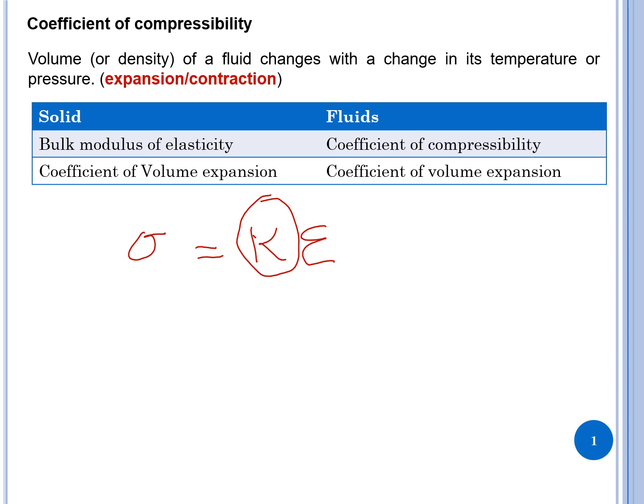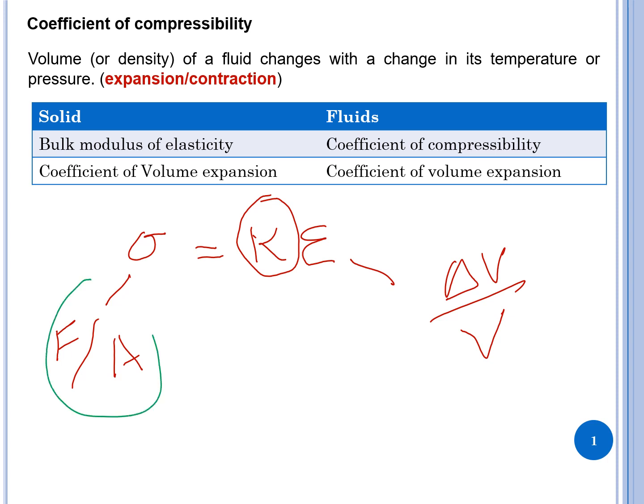Now for bulk modulus of elasticity, you know it has stress, which is basically force per unit area, and the strain, in simple words, is the change in volume per original volume. For fluids, this force per unit area is referred to as pressure.